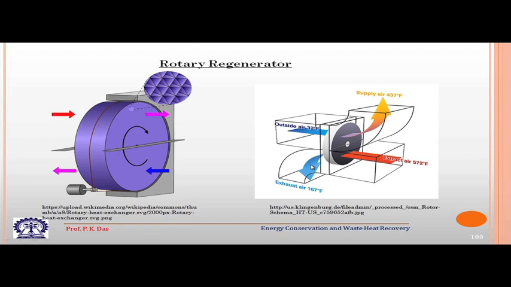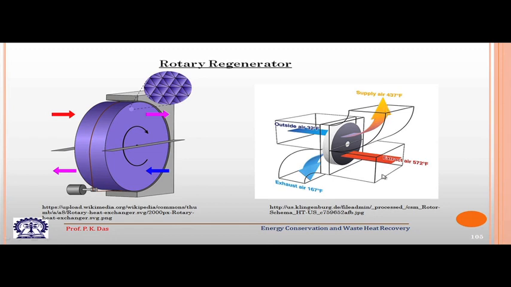So, it is cold. But the portion of the matrix which is heated up moves up as the wheel is rotating, and cold gas is passing through that. So, when the cold gas passes through this, it will pick up thermal energy and come out as hot air.